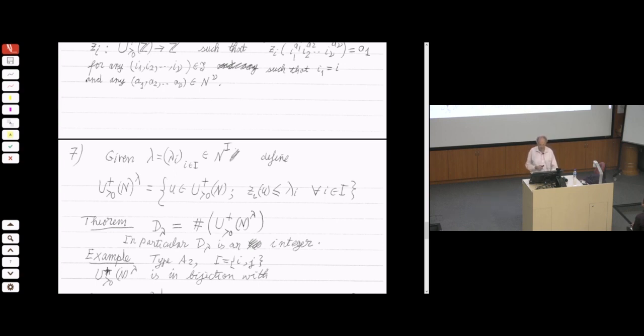That should be true for every i. And then there is this theorem which says that the number of elements in this set is exactly the same as the Weyl dimension formula.